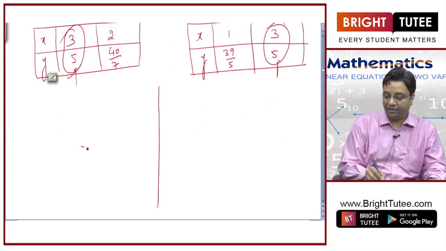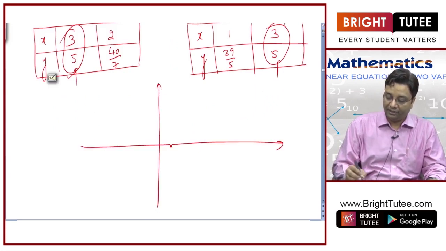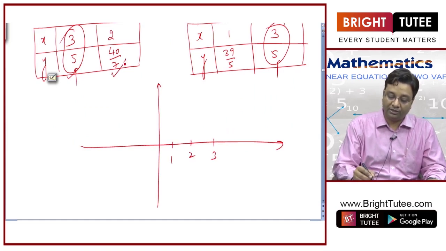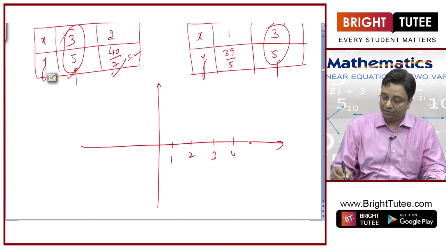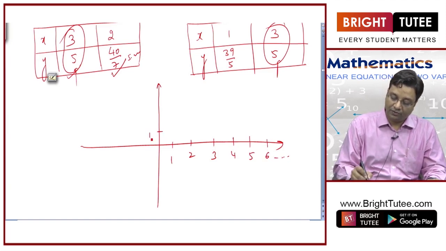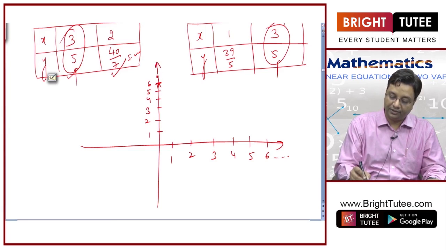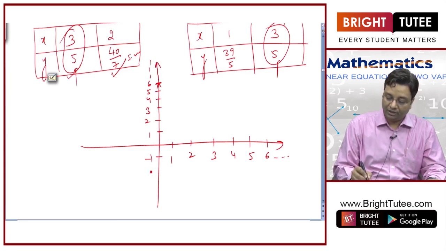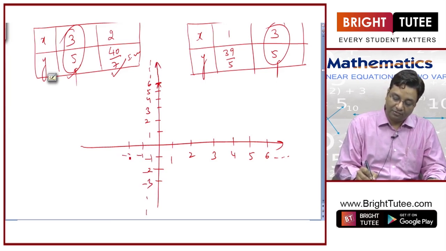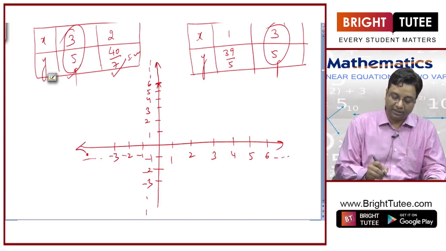So now I can make this graph easily. This is 1, 2, 3. This point is approximately 5 point something, right? So 4, 5, 6, and so on. 1, 2, 3, 4, 5, 6, and so on. On the negative side of the y-axis, minus 1, minus 2, minus 3, and so on here.